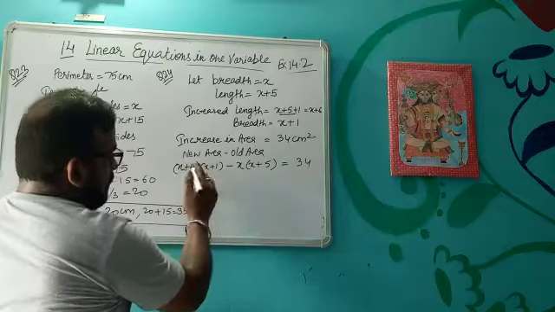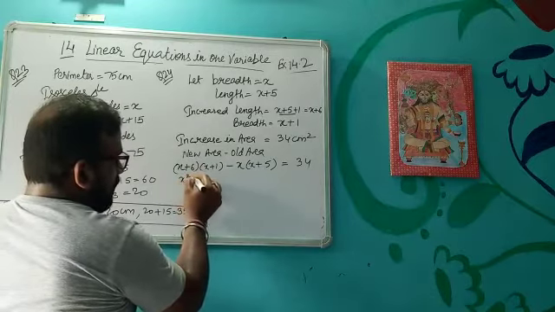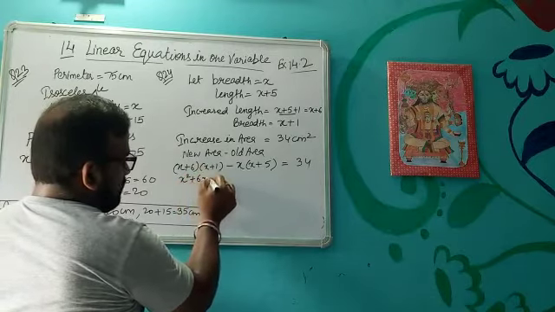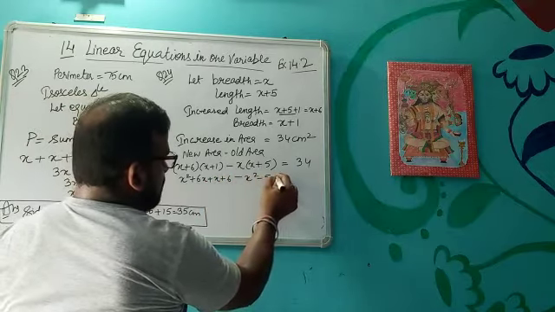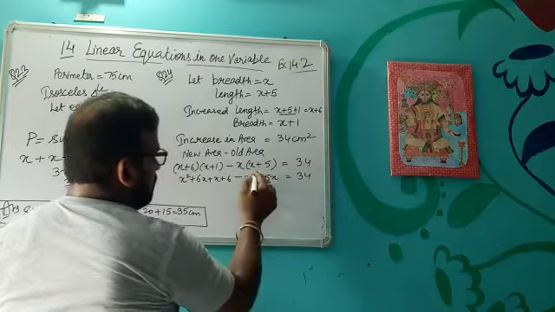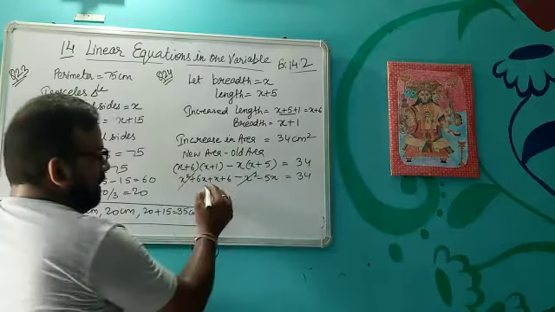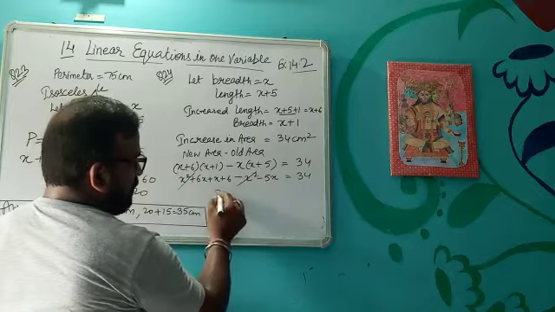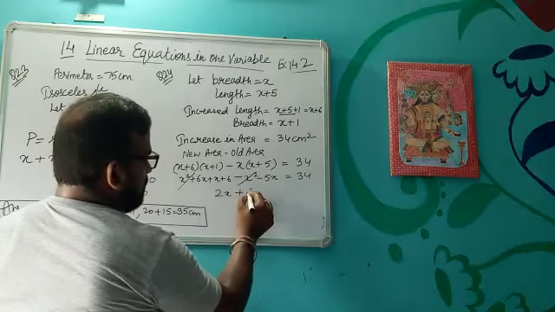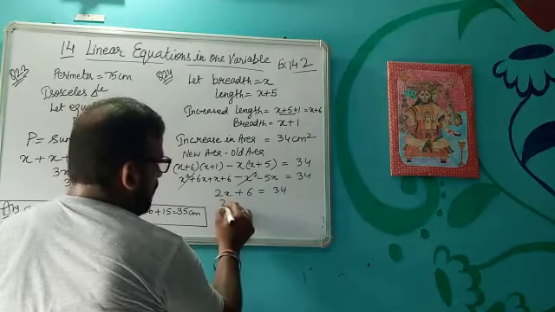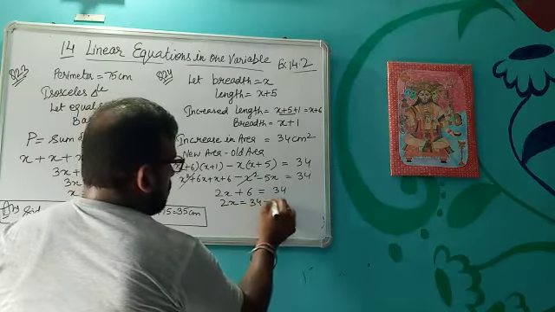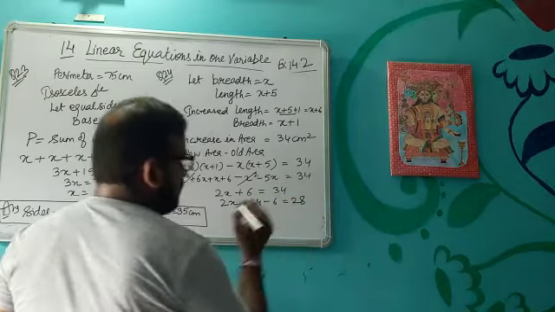Now we will solve it. x square plus 6x plus x plus 6 minus x square minus 5x equal to 34. So x square cancel. It becomes 7x minus 5x, 2x plus 6 equal to 34. So 2x will be 34 minus 6, that is 28.